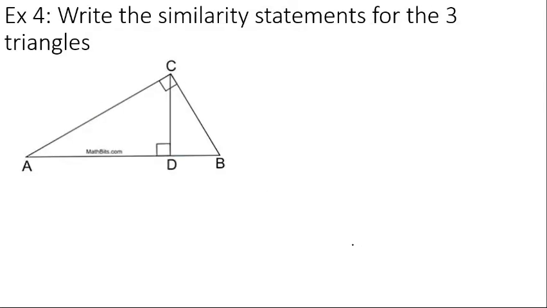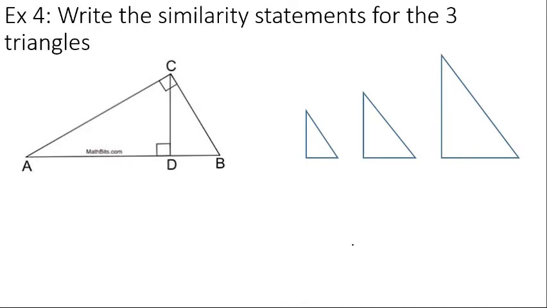All right, so next part says write the similarity statements for the 3 triangles. So again, always start off by writing out your 3 triangles. And you always want to put the 90-degree angles all in the same direction, just to make it easier to understand how they're similar. Okay, so I'm going to start off with this small triangle there.